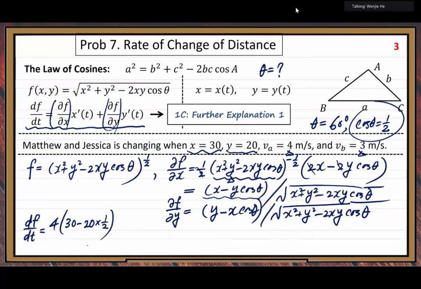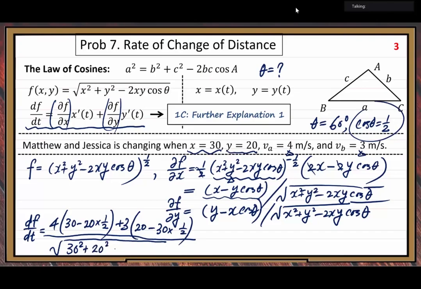Then velocity 3 times y, 20, minus 30 times 1/2, over the root of 30 squared plus 20 squared minus 2 times 30 times 20 times cosine theta. Cosine theta is 1/2, so 2 times 1/2 equals 1. So 30 times 20.